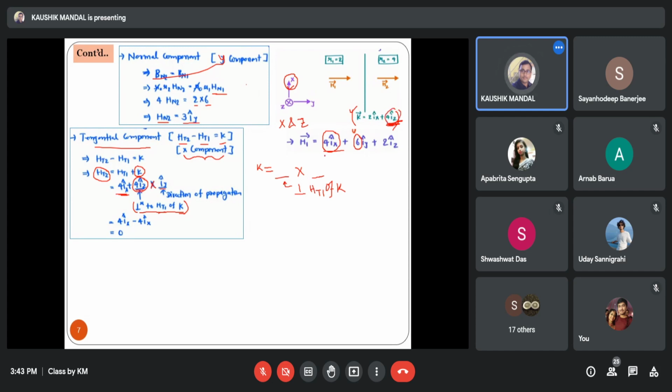So it will be 4Iz cap. Next, the cross product with the direction of propagation. The magnetic field is propagating in the direction of y, so it will be Iy.